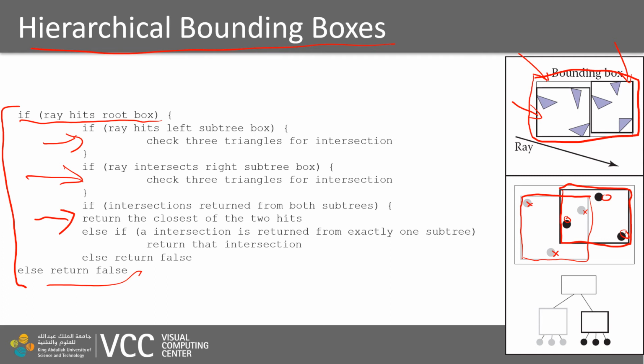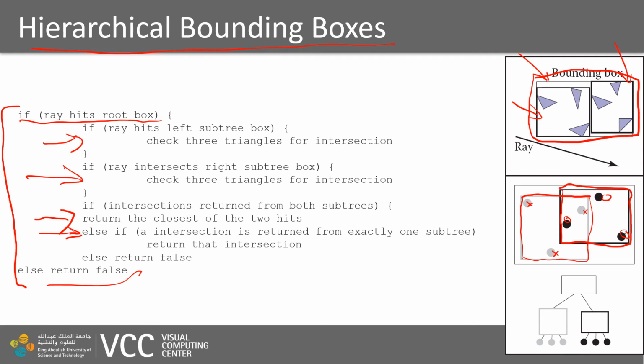And if there is only one intersection returned, well, then we take that intersection and evaluate, and that will be the intersection with our ray. And if there was no intersection, then we missed it. While we hit the above box, we didn't hit any of the child boxes.